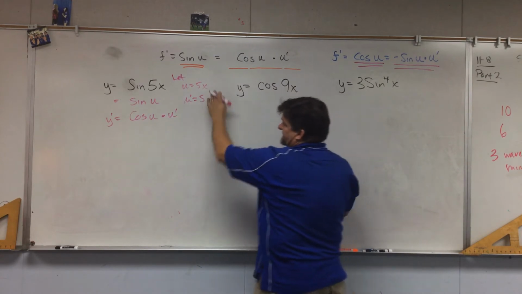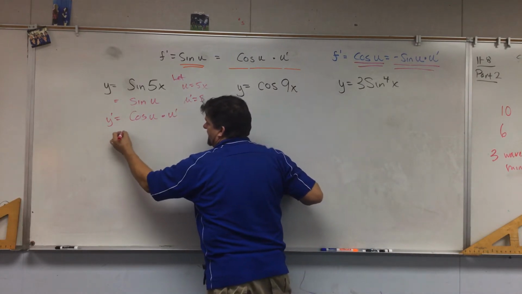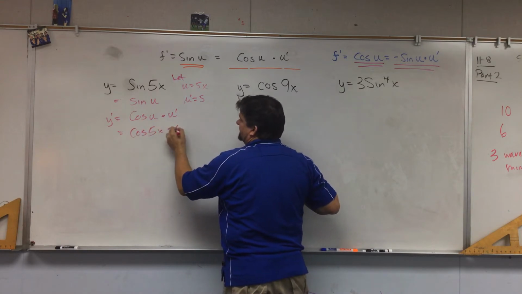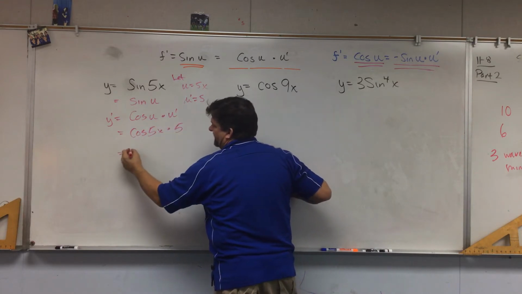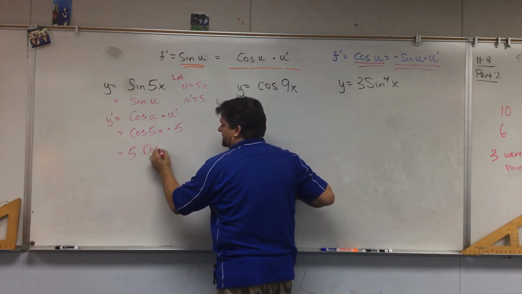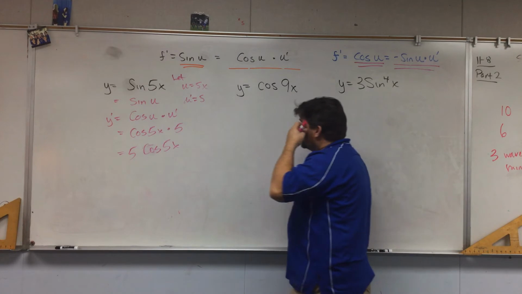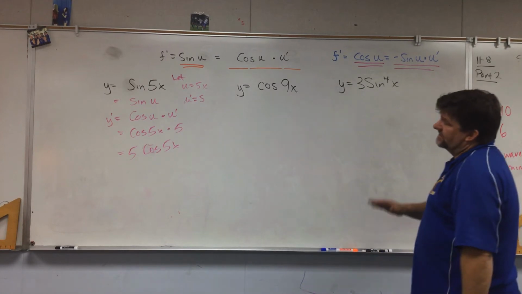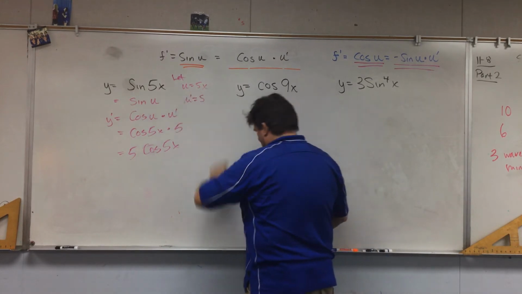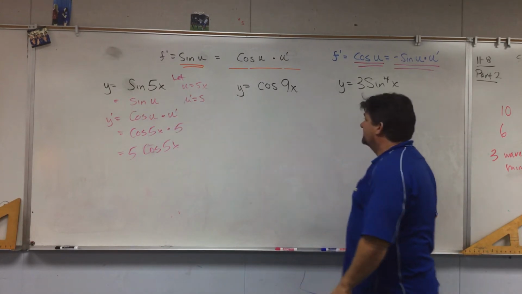Well, I can substitute all my pieces back in, so my answer is the cosine of 5x times 5, and if I move the 5 out front, 5 cosine of 5x. Okay? So that's kind of how we tackle it. We're doing that idea of the u substitution I showed you guys the other day.